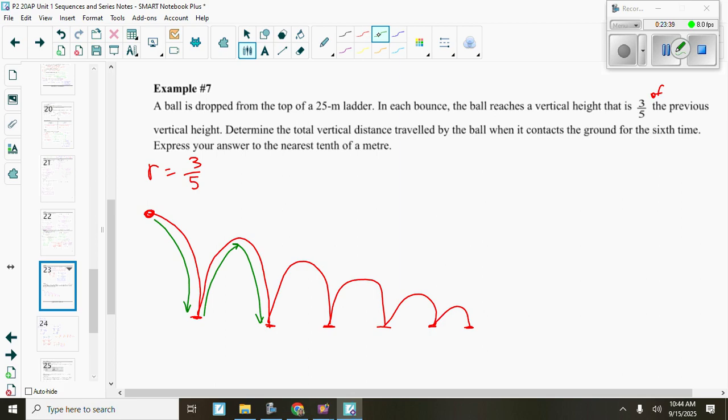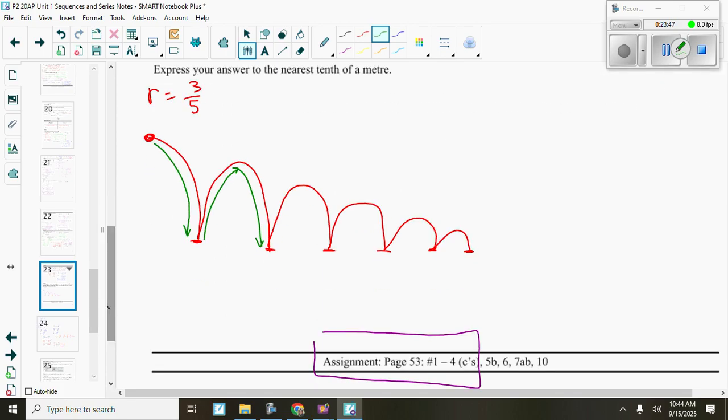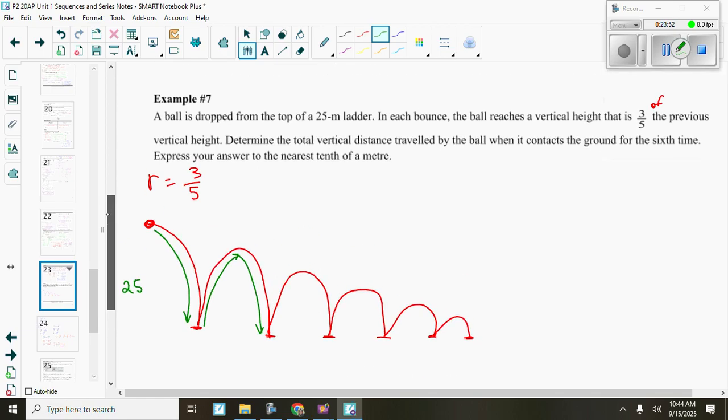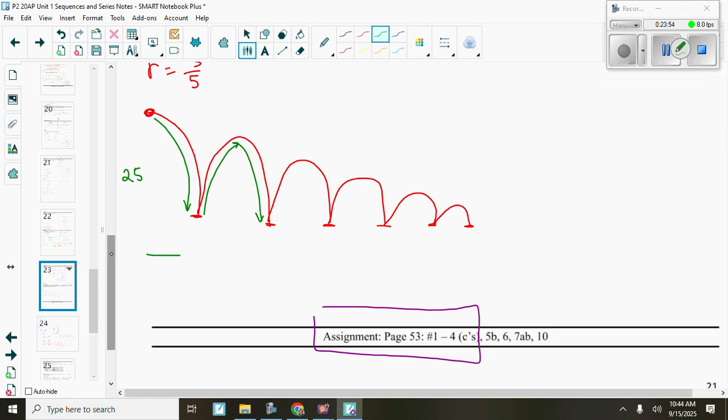You still have to figure out what some of these are. So for example, I start at 25.